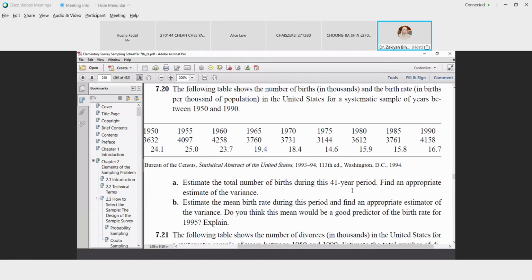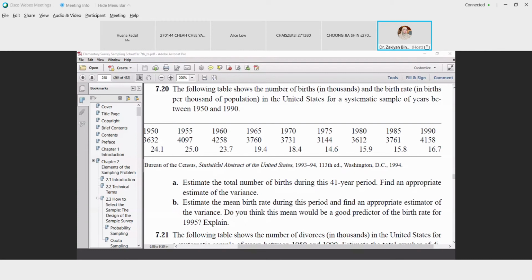Do you guys see the textbook now? We're on question 7.20. Still hear me clearly, yeah? Any time that it goes lagging, let me know immediately, so that we don't lose time talking but you can't hear. It's a waste of energy.